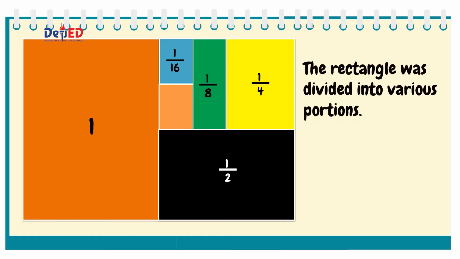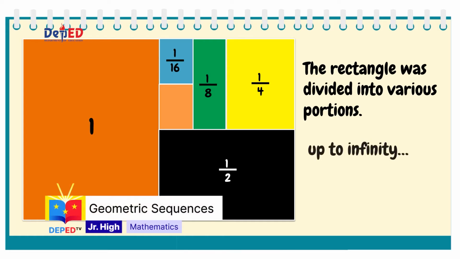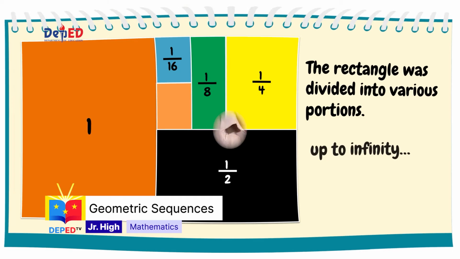The rectangle was divided into various portions such as 1 unit, 1/2 unit, 1/4 unit, 1/8 unit, 1/16 unit, and so on. The rectangle can still be divided into smaller rectangles up to infinity. If the areas of all rectangles are added, this will give a sum of 2 square units.